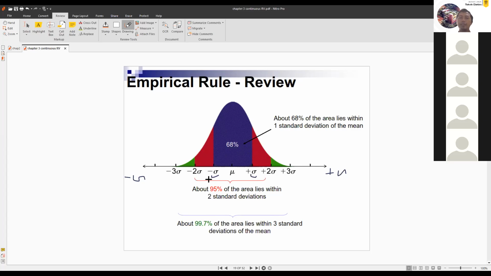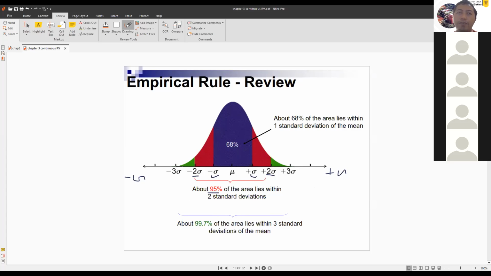If we go wider, from minus twice the standard deviation until positive twice the standard deviation, we arrive at 95% under the curve.